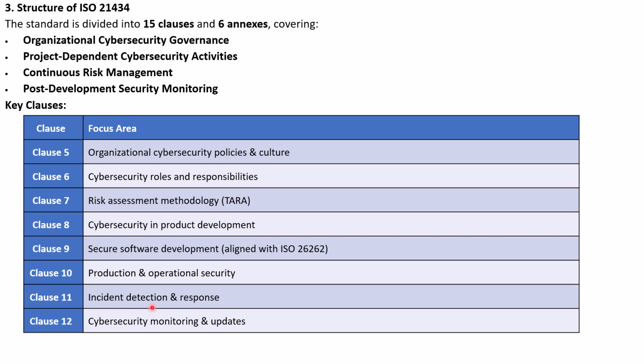Clause 11, incident detection and response. Again, this is very important. You detect the incident and then you respond to it appropriately, in a real-time response world. This is extremely important. Last but not the least, clause 12 is cyber security monitoring and updates. So these are the various structures of the ISO 21434.